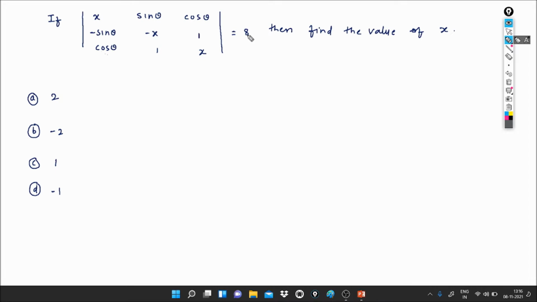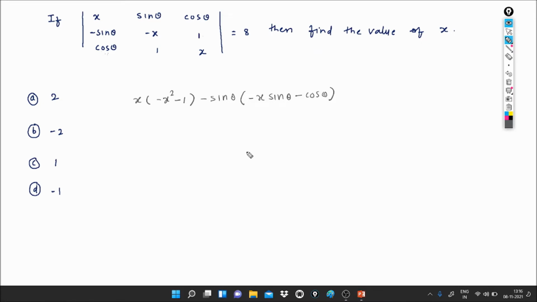The value of this determinant is 8 and we have to find the value of x. So we will find this determinant by expanding along the first row. So x into, deleting first row and first column, minus x into x minus x square minus 1, minus sine theta into, deleting first row and second column, minus sine theta into x minus x sine theta cos theta into 1 minus cos theta.